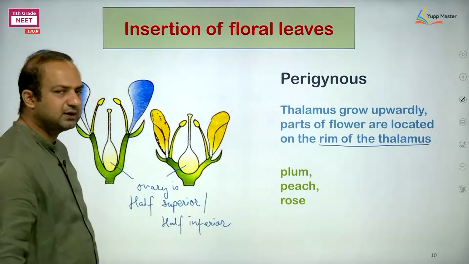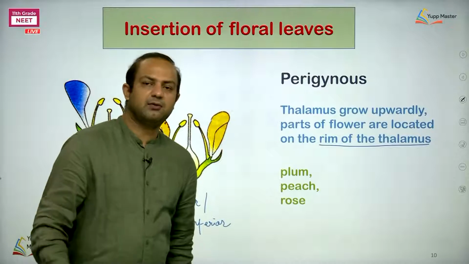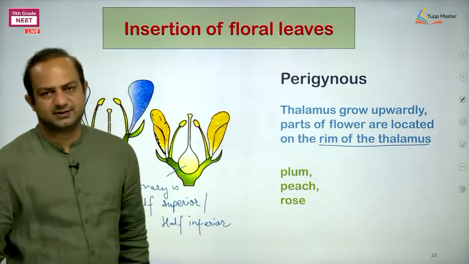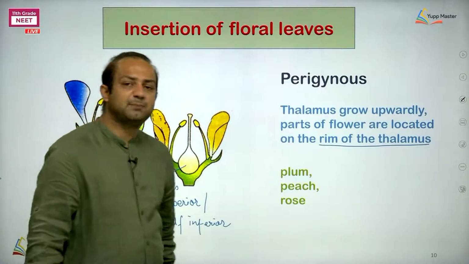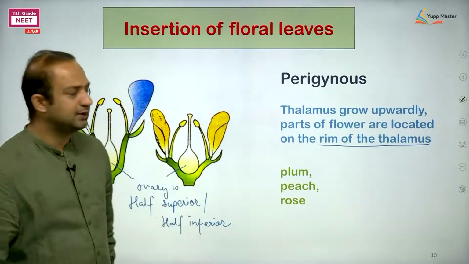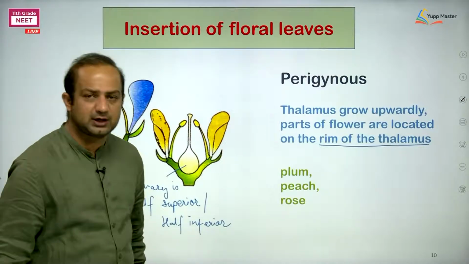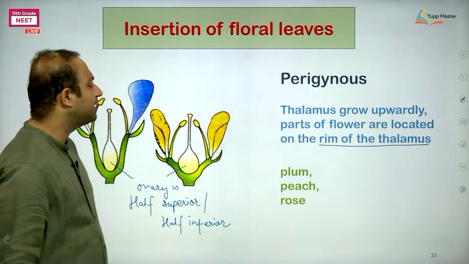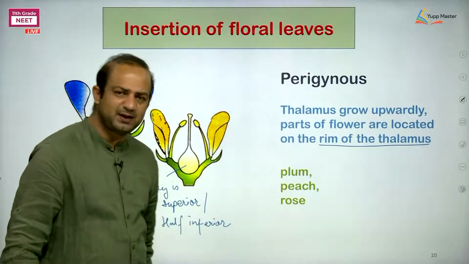If anyone asks which of the following is not showing superior ovary, include everyone except hypogynous. This is not the superior ovary. It is seen in members like plum, peach, rose; they all belong to a similar family, Rosaceae. Okay, Rosaceae family, they all have the same condition. Even the apple lies in the same place.